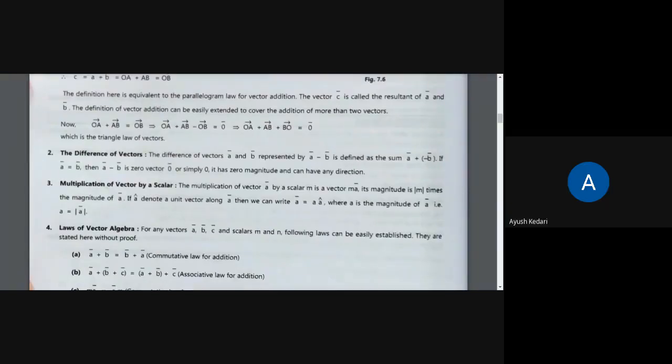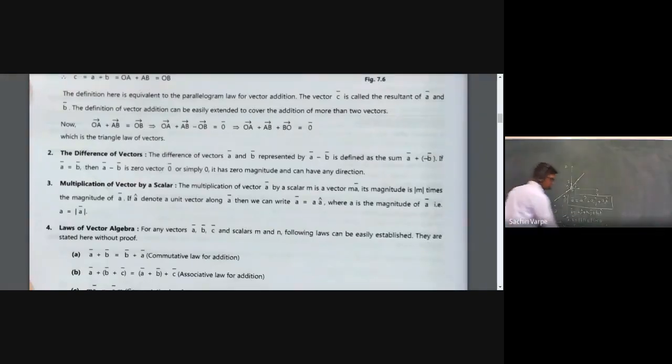So one thing here: sine theta into n cap, then it becomes a vector, isn't it? So if I have vectors a bar and b bar, then what will be a bar cross b bar? First of all, what is this n cap? n cap is the normal vector perpendicular to the plane of a bar and b bar. This is n cap, and a bar cross b bar will be a vector in the direction of this.